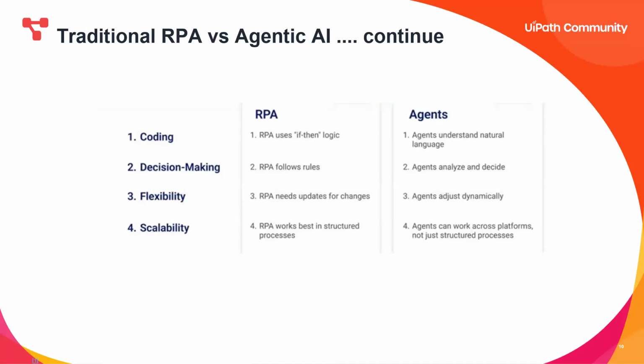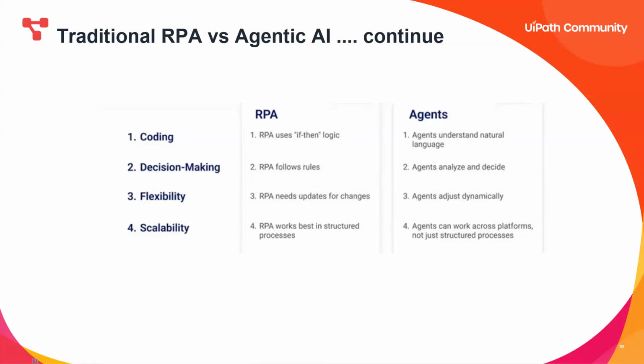Continuing from this, here is the high-level comparison in terms of coding, decision making, flexibility, and scalability. RPA uses if-then logic, whereas agents understand natural language and act on it.